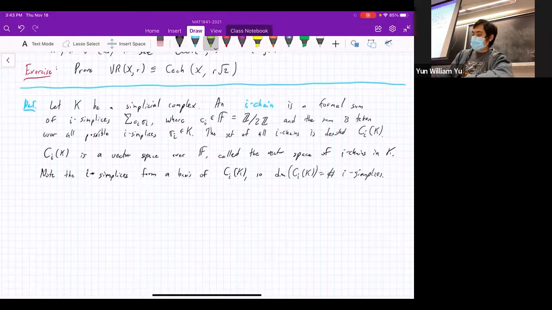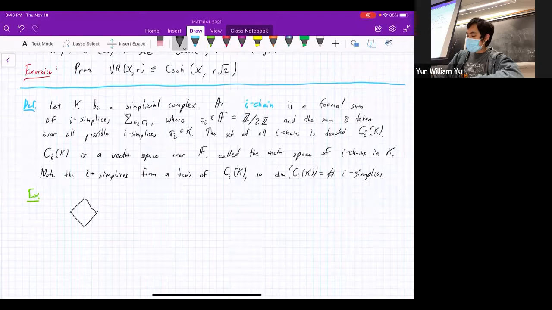Let's give a concrete example since we're going to go into abstract land. My drawing goes across 2 pages, which is always a little bit irritating. Okay, so let's say that we have this simplicial complex, which I'm going to label A, B, C, D, E for all our 0-simplices.